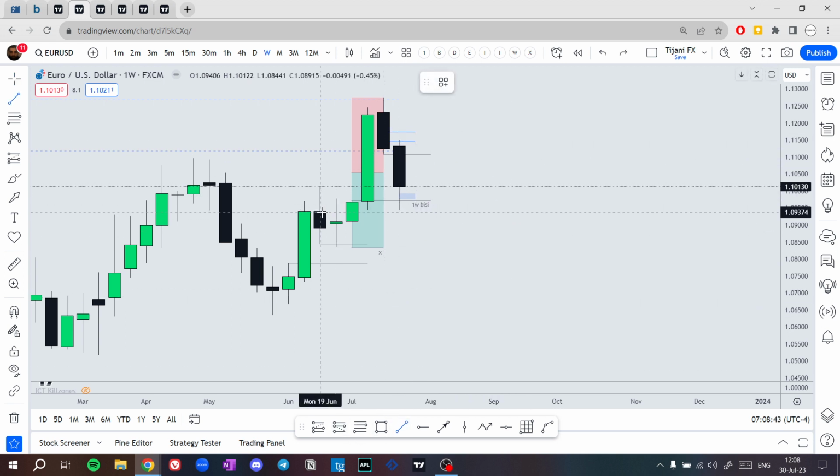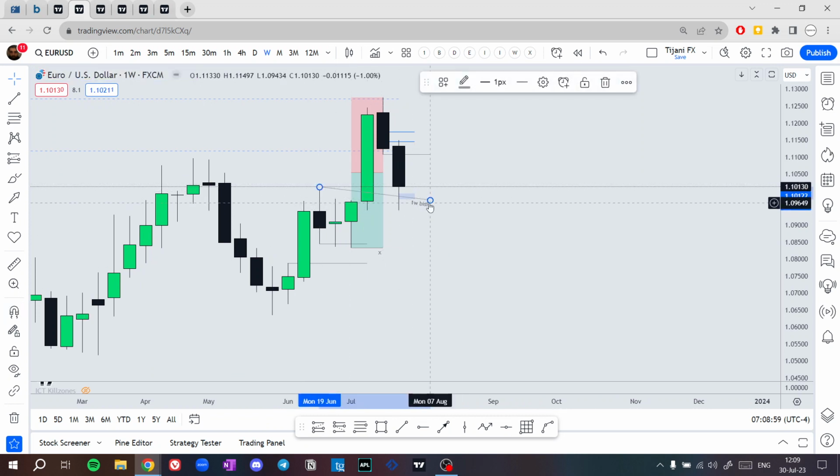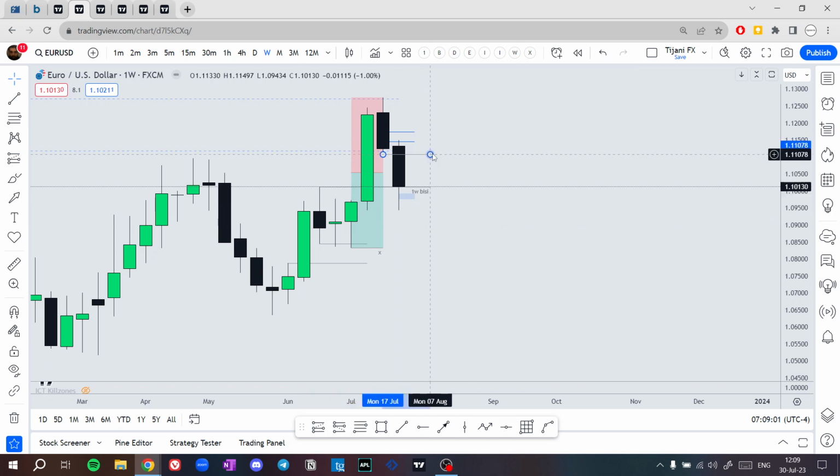and then price has mitigated, or not yet, the open of the weekly order block, but it did mitigate this high here, right? Maybe your weekly FVG could be starting from here, and price is filling the weekly FVG right here, respecting the bodies, respecting the fair value gap.